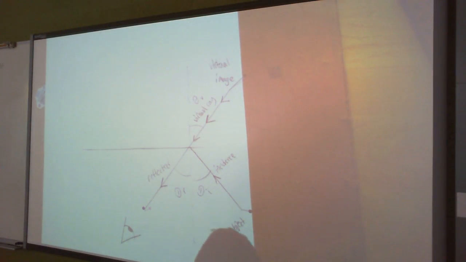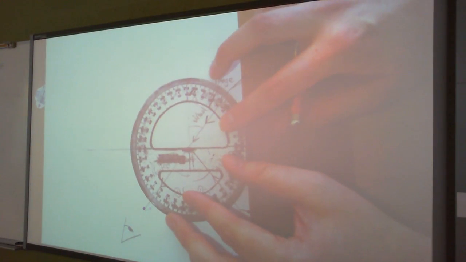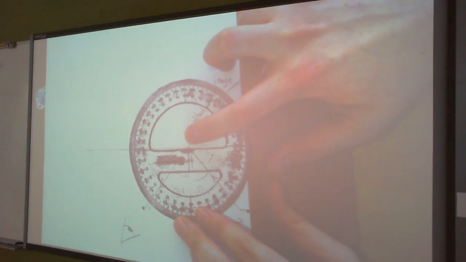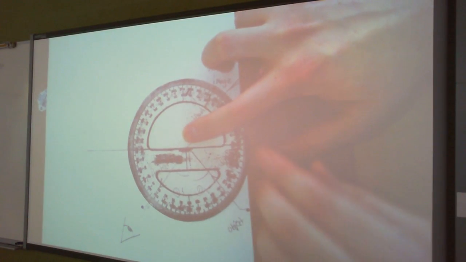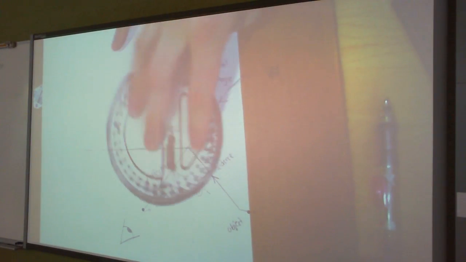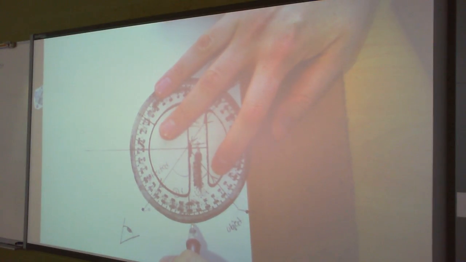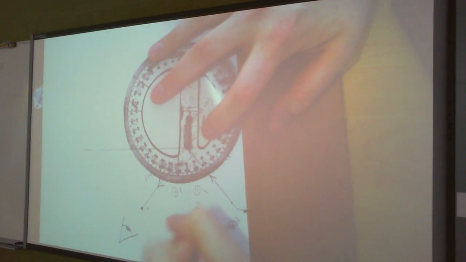So to do this, I would recommend placing this cross directly where it hits the mirror. And then you're going to want to look, because it looks like 0 for this one starts up here. So I can measure, this one's about 42 degrees.